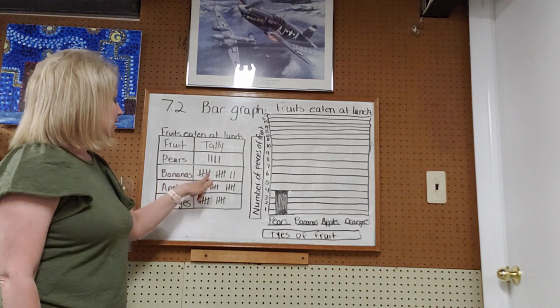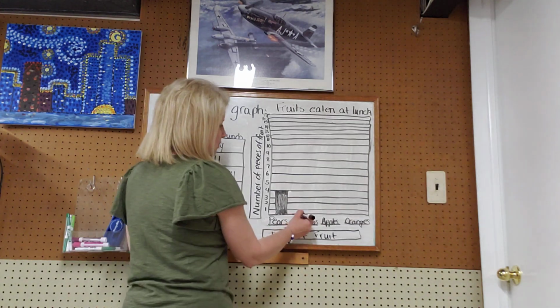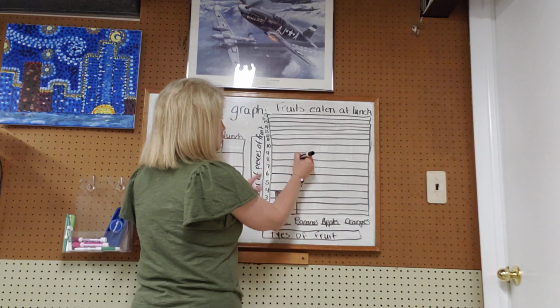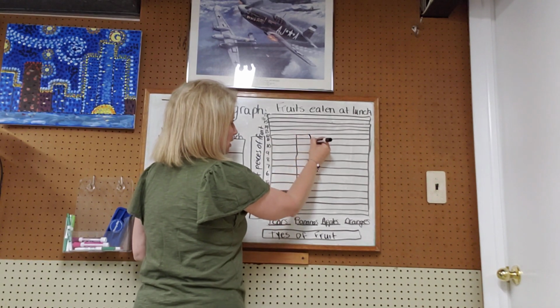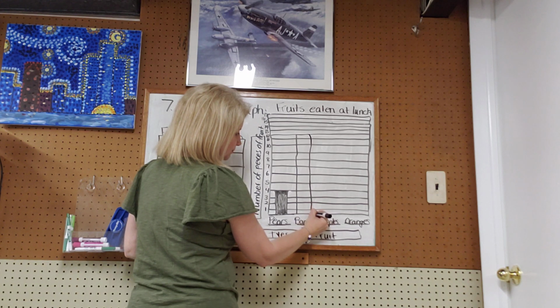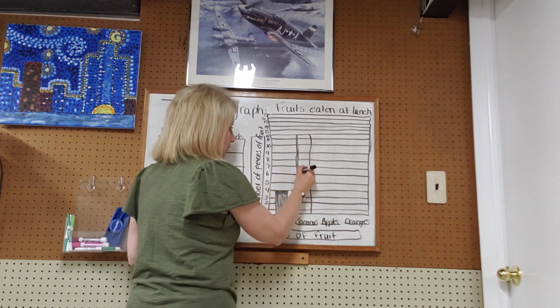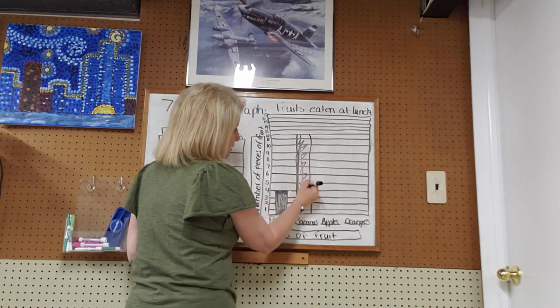Bananas was 12. So bananas, we're going to start here at 0. We're going to go all the way up to 12. And make our rectangle shape. And then we're going to fill all of that in completely. I don't want to see it like this.